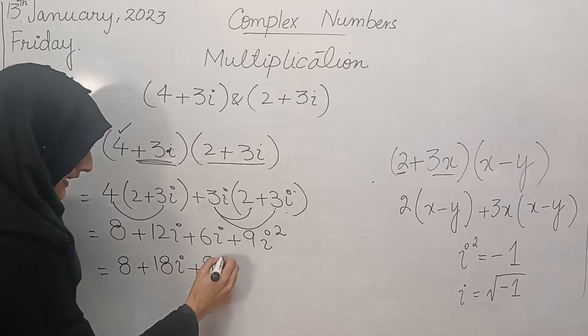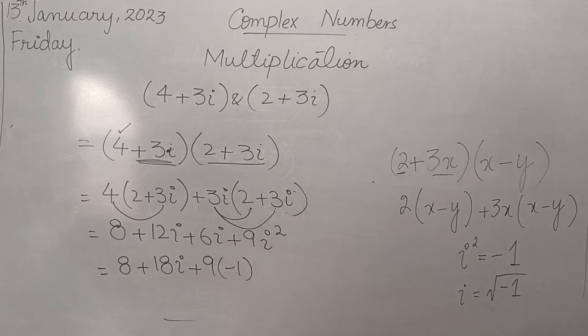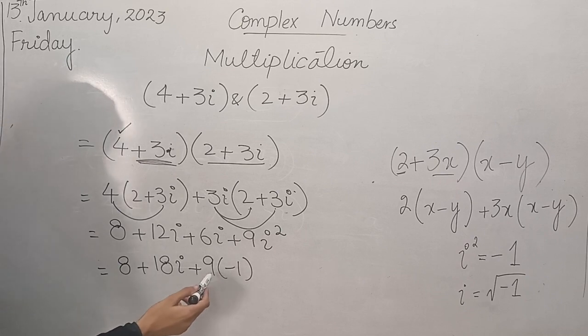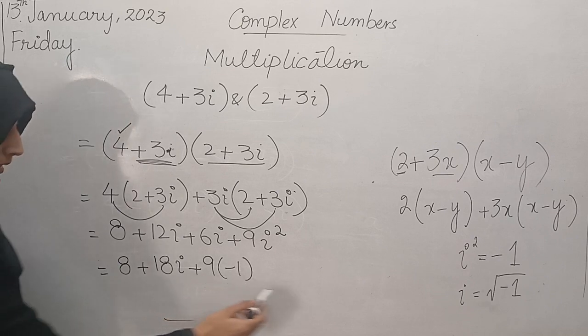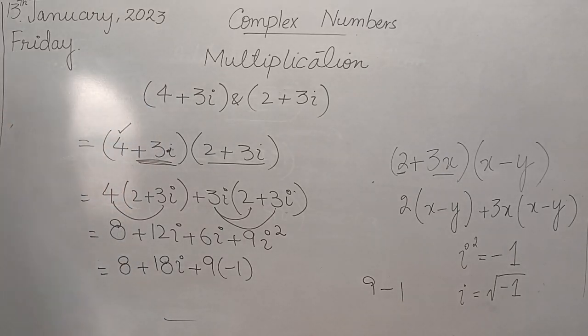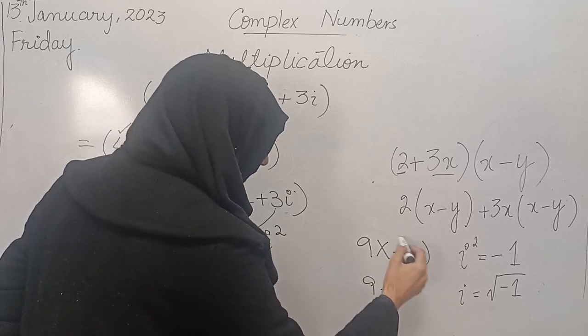We will put the value of iota square, which is minus 1. Okay? This is minus 1. But keep in your mind that we are not subtracting the 9. This is not 9 minus 1. This is not like this. This is 9 multiplying with minus 1.